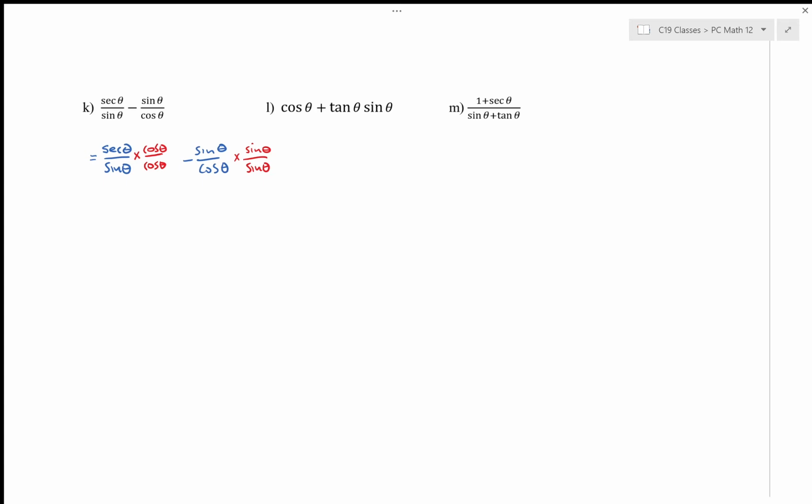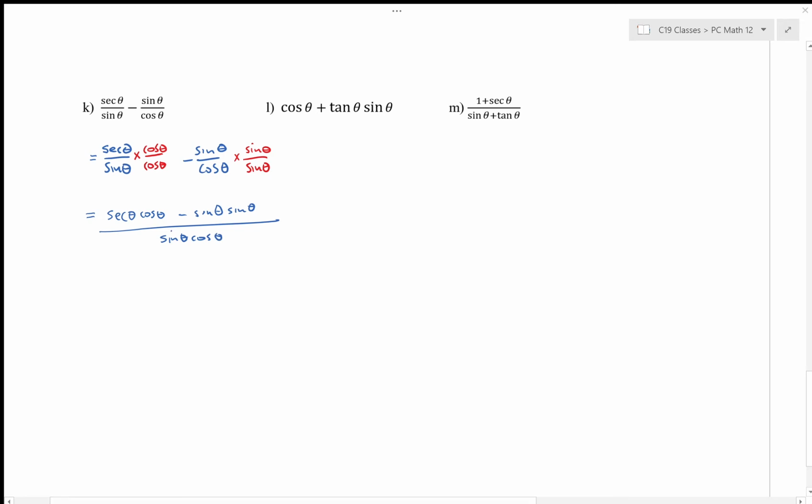So this next step gives us secant theta cosine theta minus sine theta all over sine theta cosine theta.